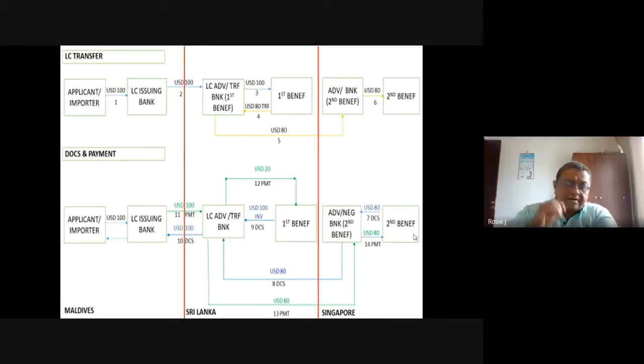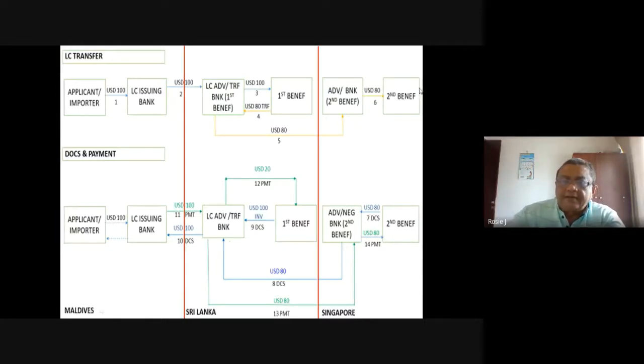But the main crux of the matter for me to do back-to-back LC is you must remember that this transferring of the LC has got nothing to do with People's Bank. If anything happens to Bank of Ceylon or to Maldives, then the payment will be affected to the beneficiary.